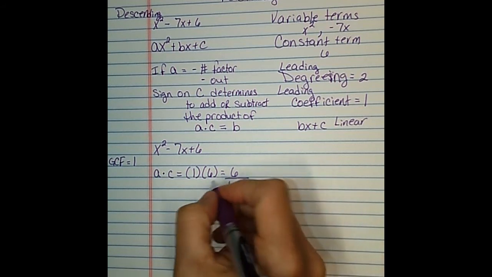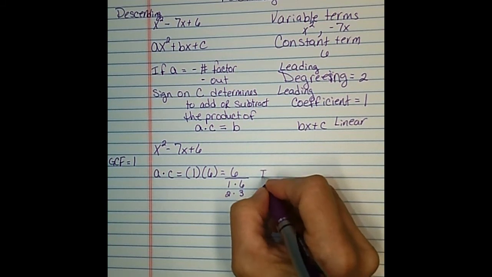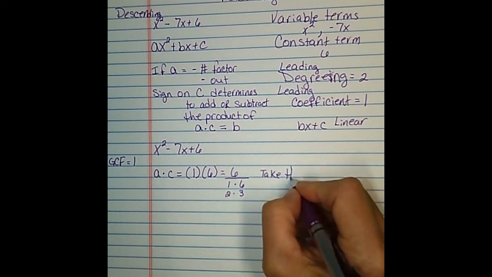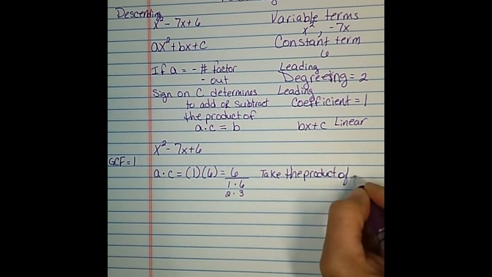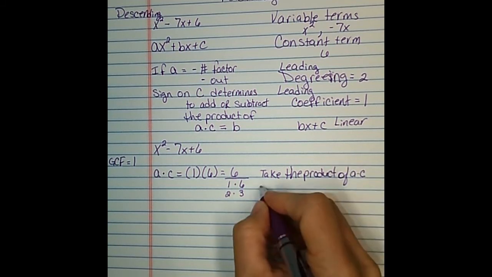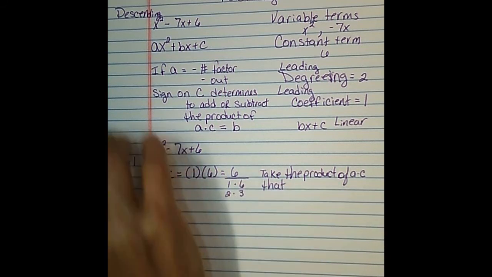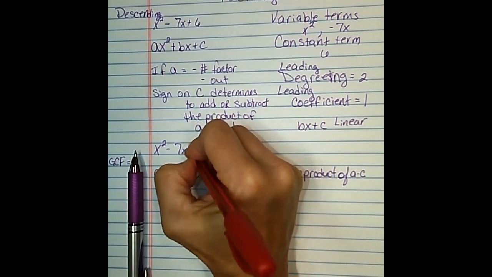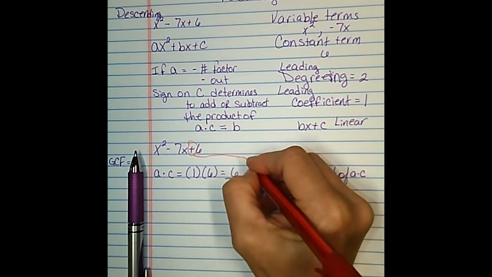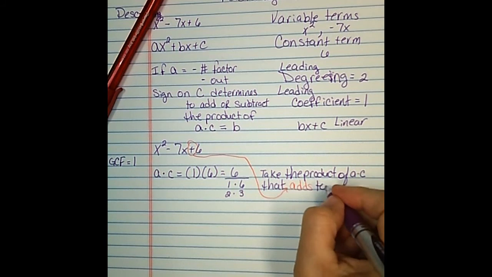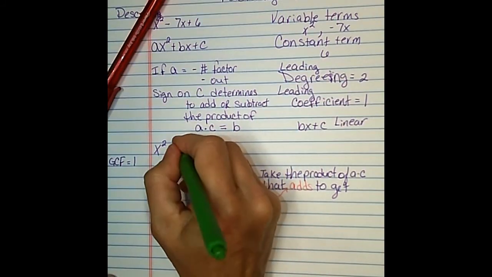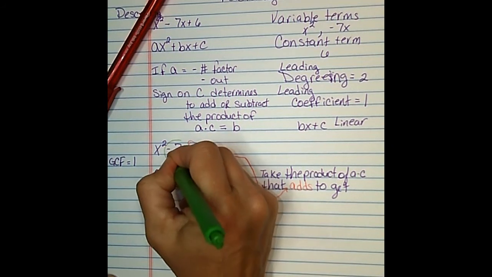So I'm going to take the product of A times C, that adds to get my B. What is my B? A negative 7.